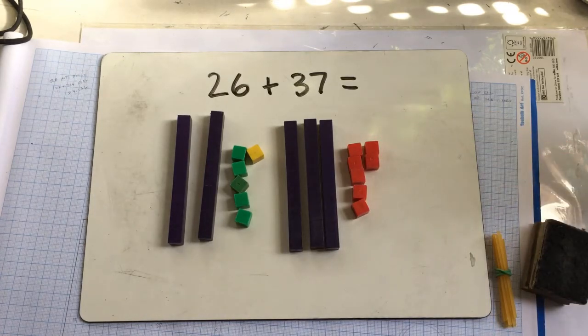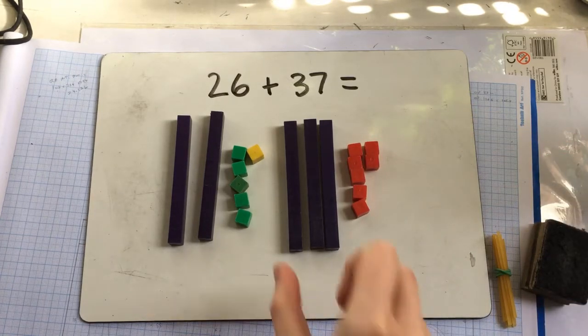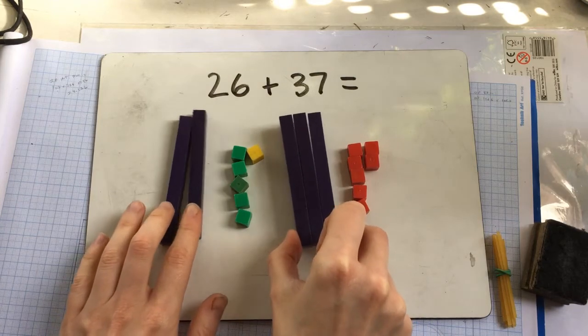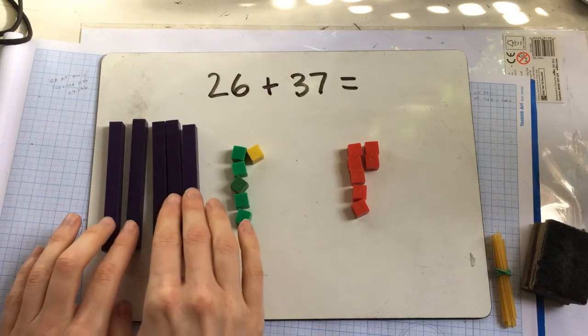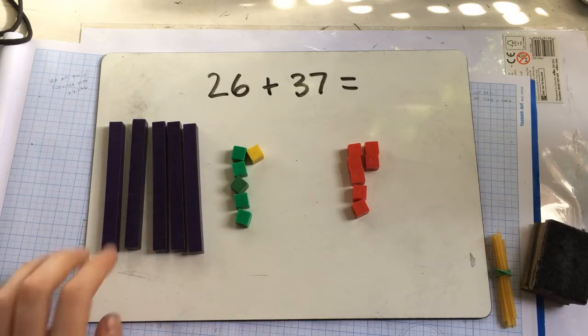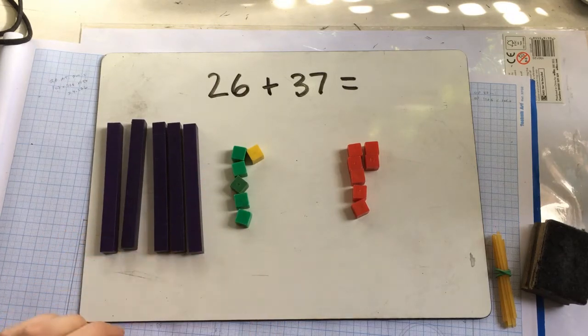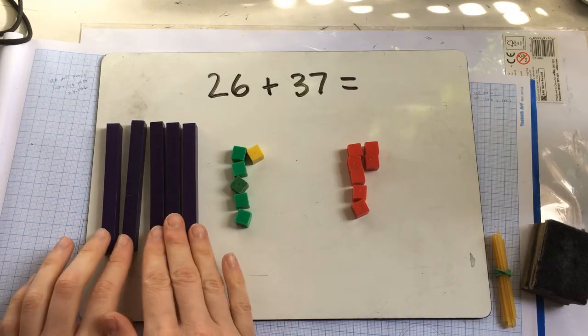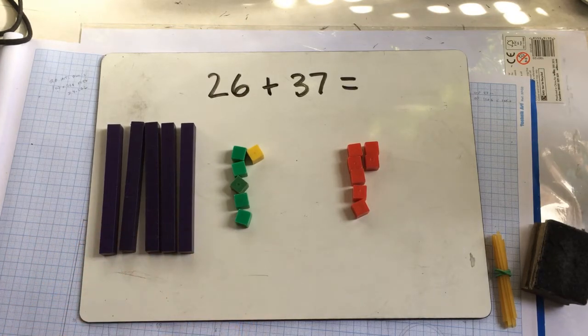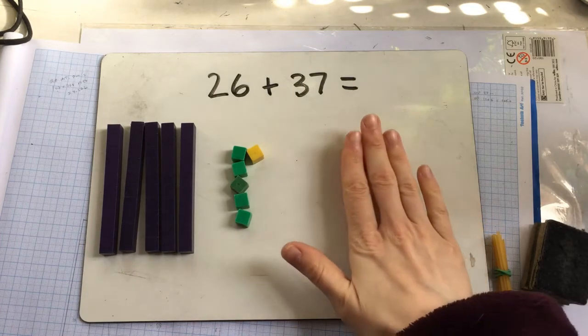Okay. And just like before, children will have to move all of the tens together in one pile. So they might use that knowledge of number facts to help them. So for example, if I know that 2 and 3 makes 5, then I know that 20 and 30 makes 50. And then the next step is to combine the ones.